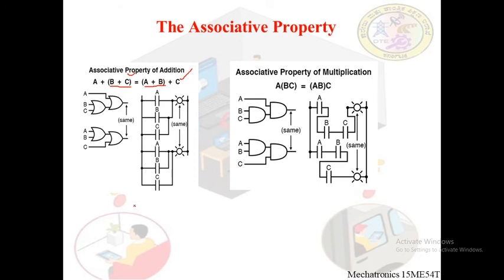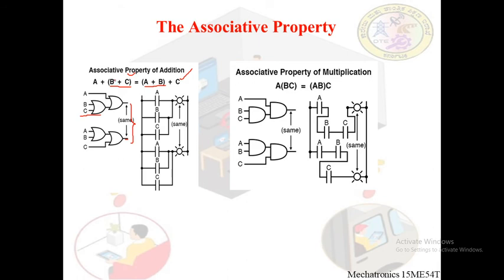So therefore we connect a separate OR gate for B and C and the output of the same will be added with A. Similarly, here A plus B is ORed separately and the output gets connected with another OR gate in order to get the final output. As per the associative property, both the outputs are one and the same.